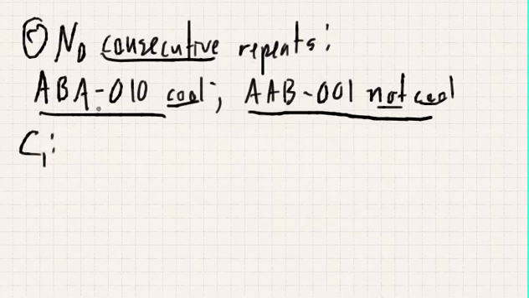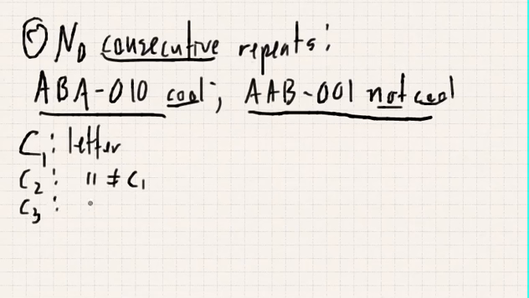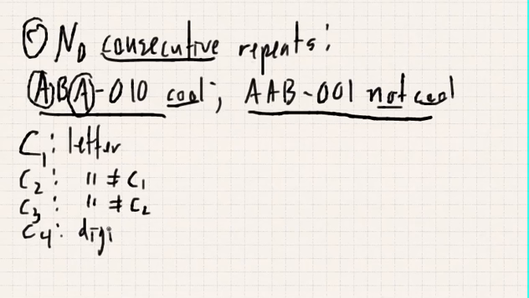C1 can be any letter. My second choice can be any letter except for C1. My third choice, this is what's different here, is that it can be any letter except for C2. It can be the same as C1, like over here, but it can't be equal to C2. Similarly with my digits, the first one could be any digit.